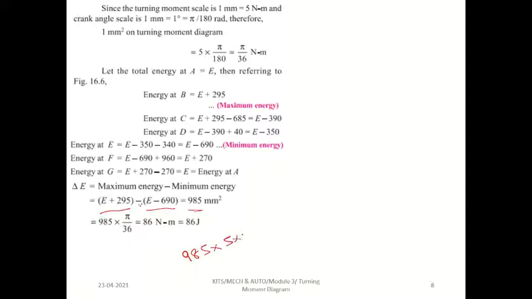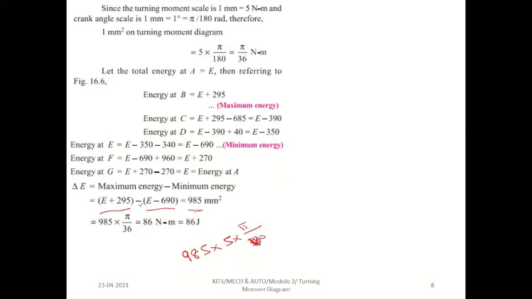Instead of 1 degree, we have to write it in radian. 1 degree equals pi by 180.